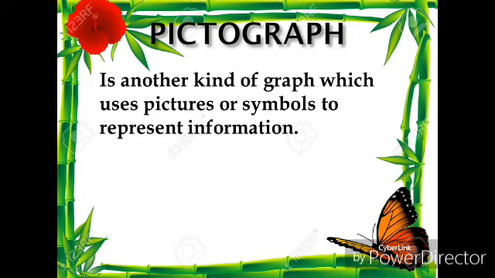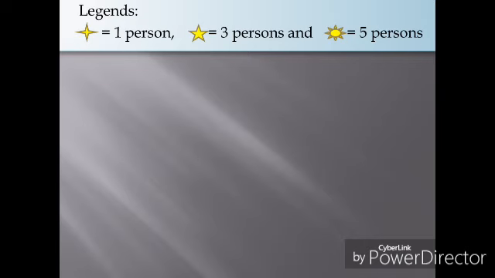Pictograph is another kind of graph which uses pictures or symbols to represent information. Let's do our illustration. It is important that we must have a legend. In our example, the spark represents 1 case, the star represents 3 cases, and the sun represents 5 cases.